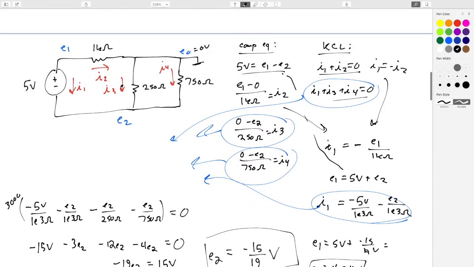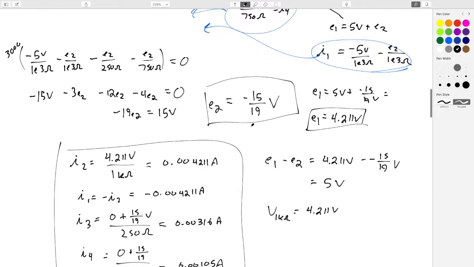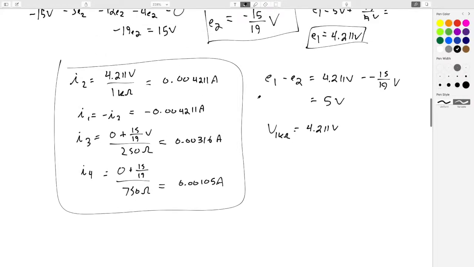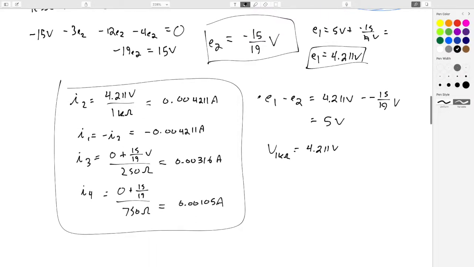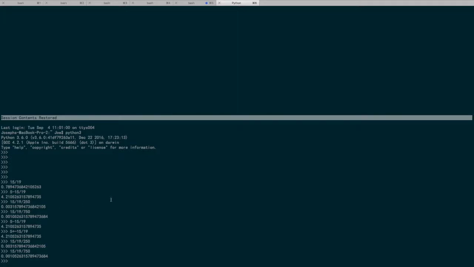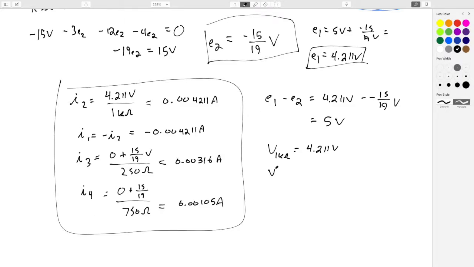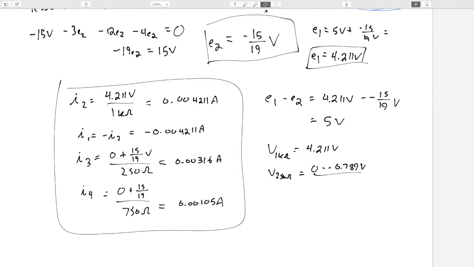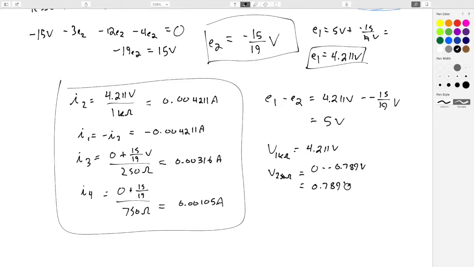Voltage across the 250 ohm resistor is 0 minus E2, or 0 minus negative 15 over 19, or whatever. What is 15 over 19 again? 0.789. And then same with the 750 ohm resistor.